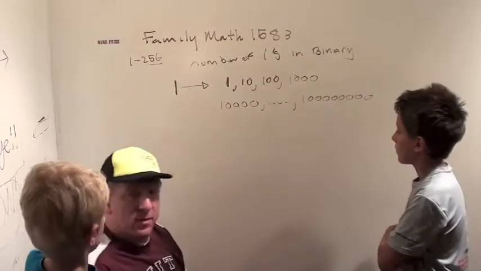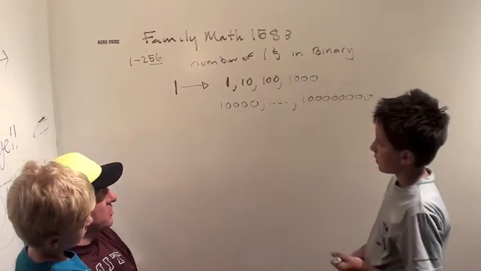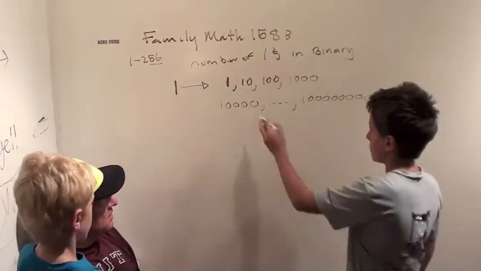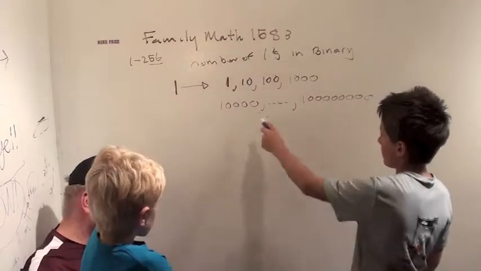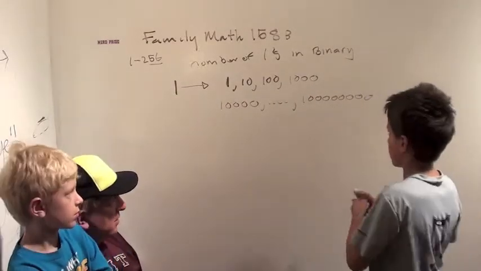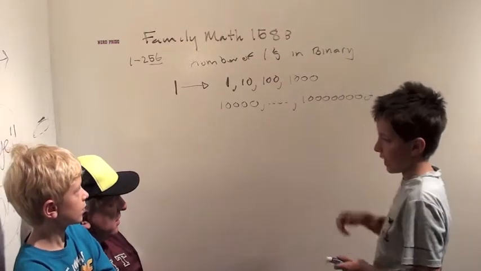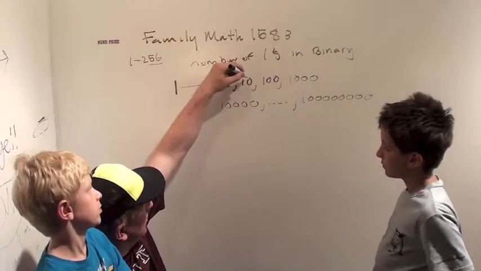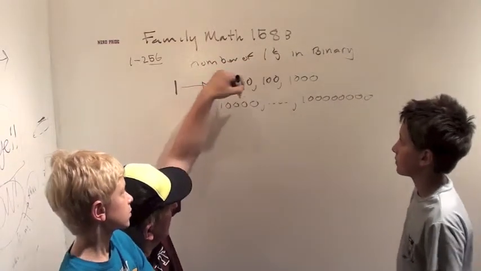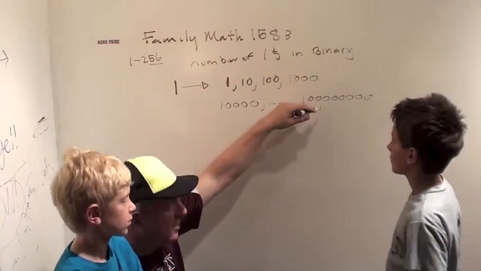That's 2 to the 8th. So how many numbers do we have in that list? Well, this is 2 to the 0, 2 to the 1, 2 squared, 2 cubed. This would be 2 to the 4th, all the way to 2 to the 8th. So it's going to be 9. There's 9 numbers.